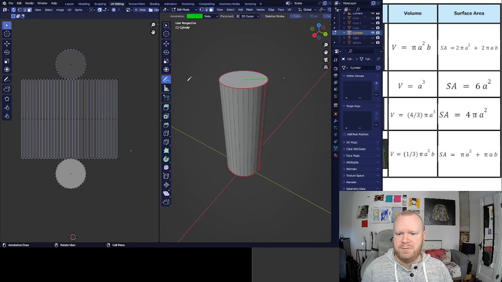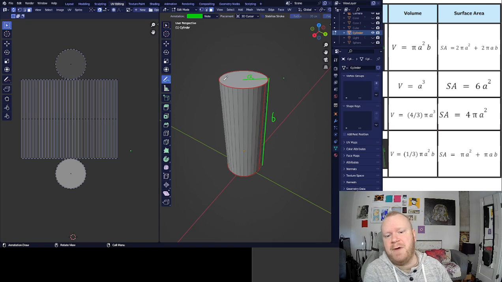I'm going to call this measurement here A. That's going to be my radius of that circle on the top, and height of that cylinder is going to be our little measurement B.